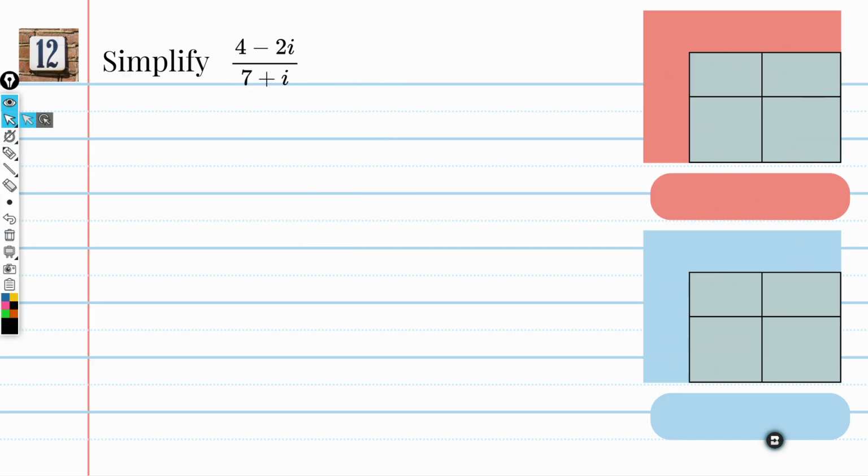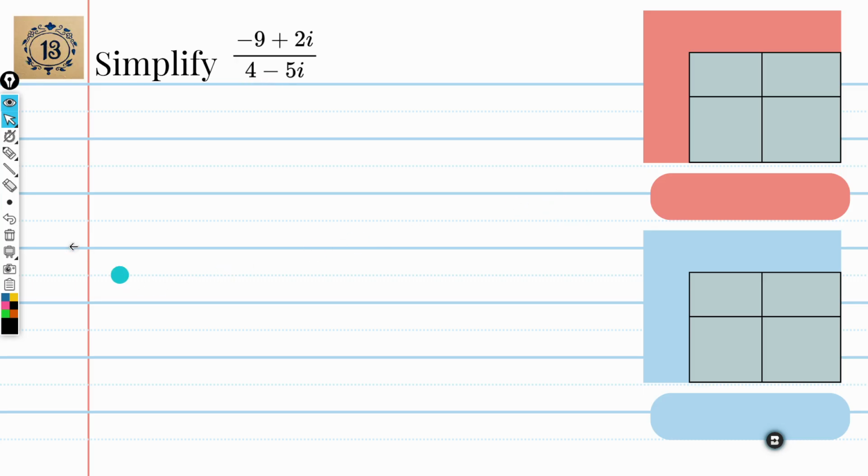Let's do one more together, and then I'm going to have you do one on your own. So again, we look at this denominator, and we're going to find the complex conjugate of the denominator. So in this case, it's going to be 4 plus 5i.